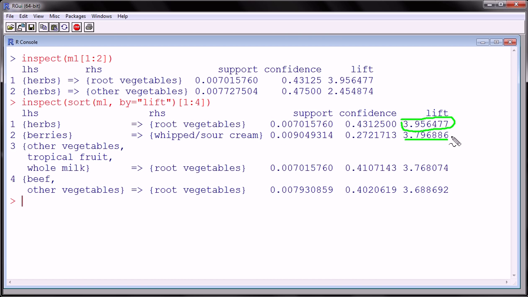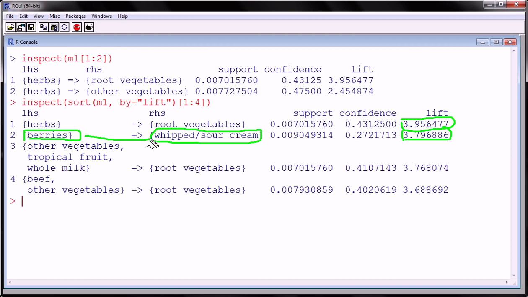So whipped cream shows up in transactions with berries 3.8 times more than in general transactions. That's what lift is. So that's an interesting rule.